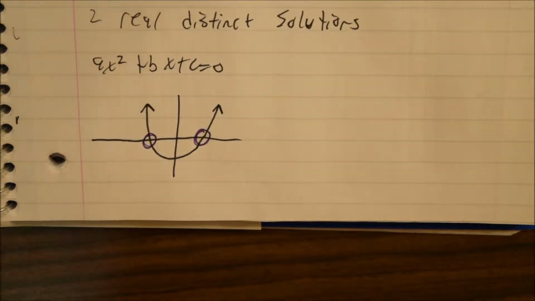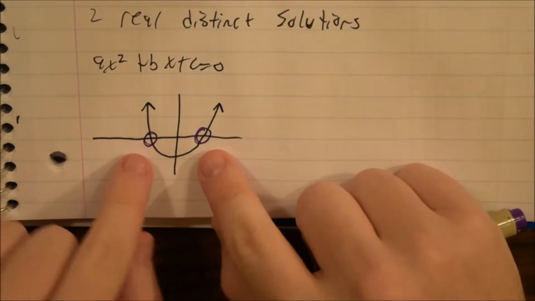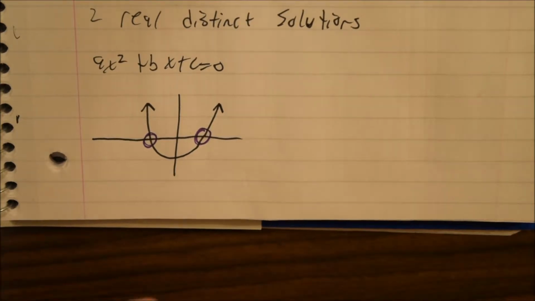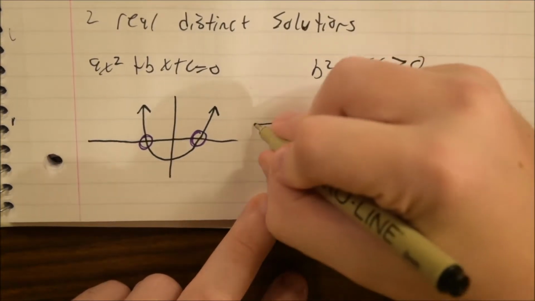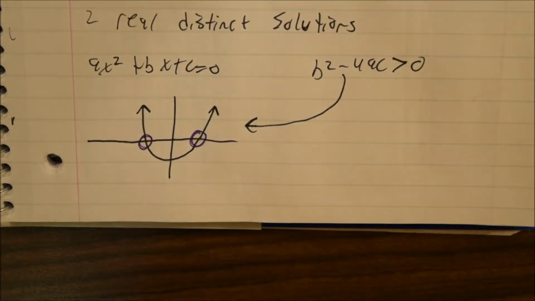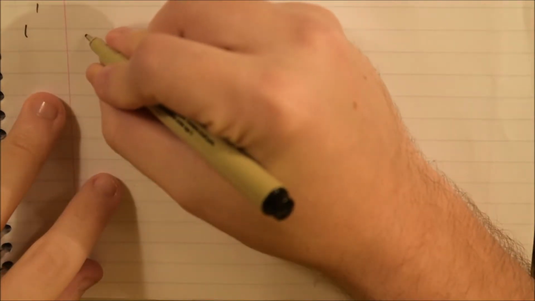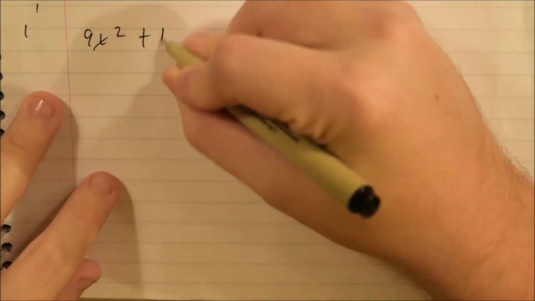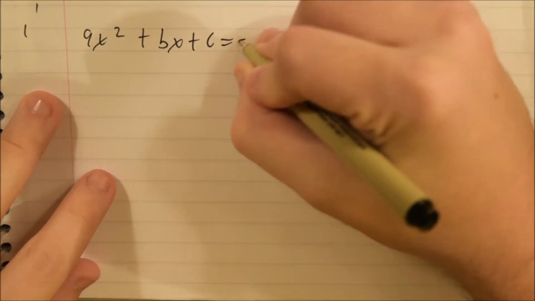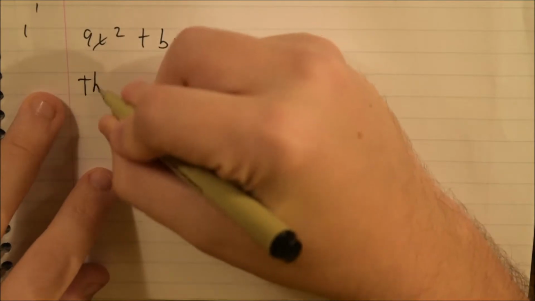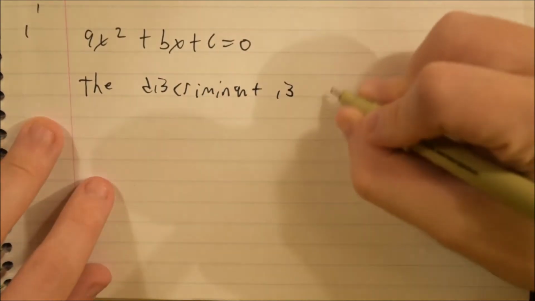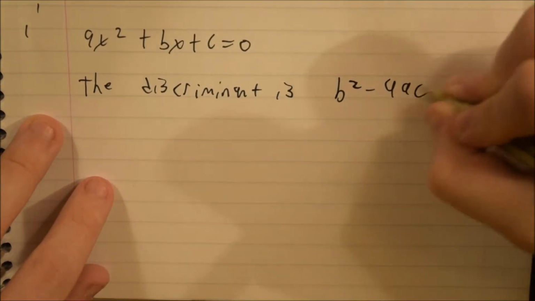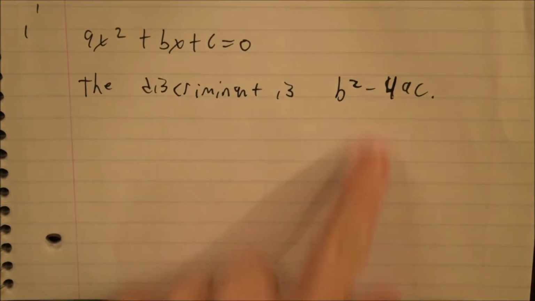I'm trying to tie everything together, right? There's a little bit of algebra and a little bit of graphing, and this is the graphical interpretation of the discriminant. If that b squared minus 4ac is greater than 0, it's going to give us a quadratic that looks like this. If we look at the quadratic equation ax squared plus bx plus c equal to 0, the discriminant is b squared minus 4ac, and that's true for any quadratic equation.